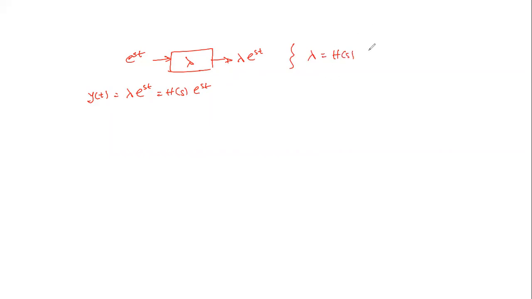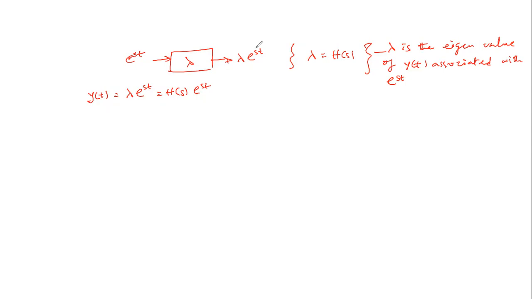And it should be noted that lambda is the eigenvalue of y of t associated with the eigenfunction e^(st). And s is the complex variable.